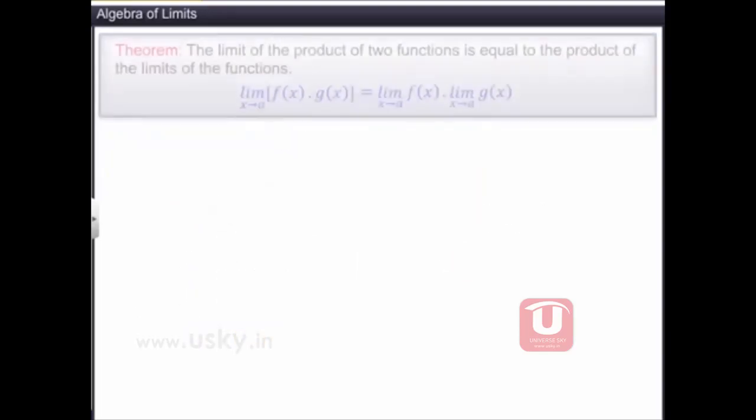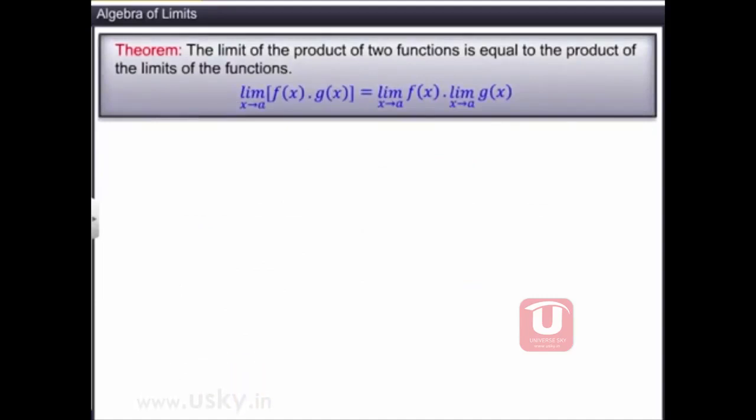The next theorem states that the limit of the product of two functions is equal to the product of the limits of the functions. Let's verify the theorem with the functions while x tends to 1.